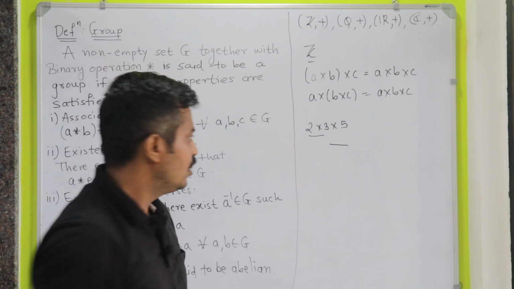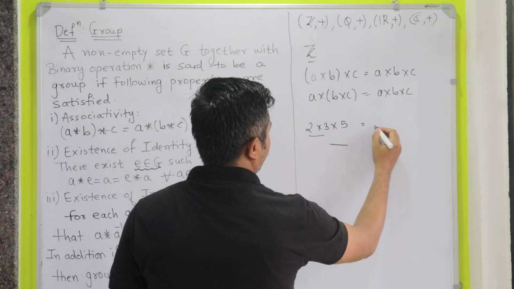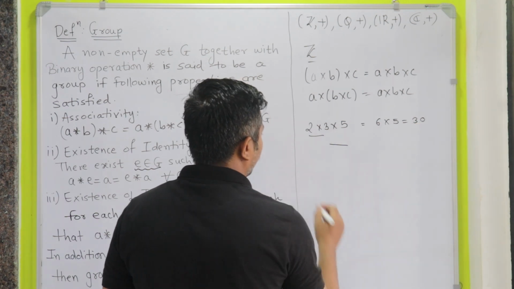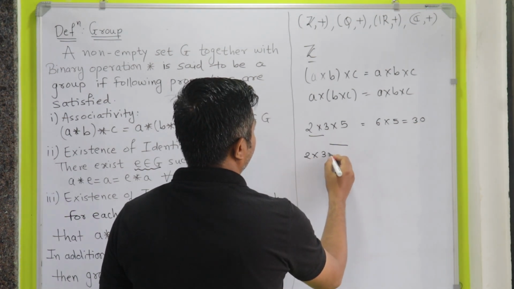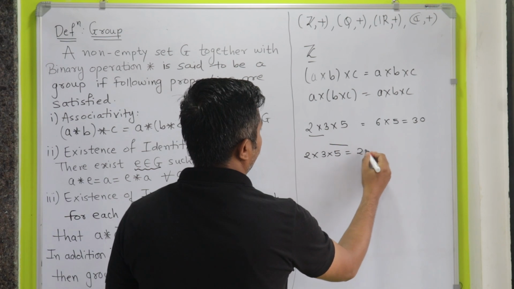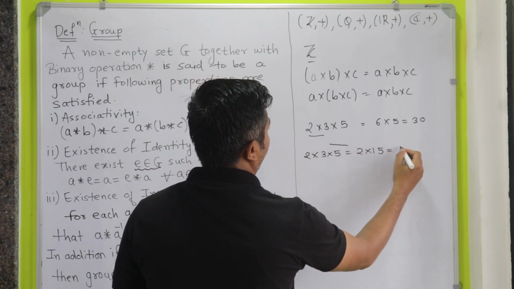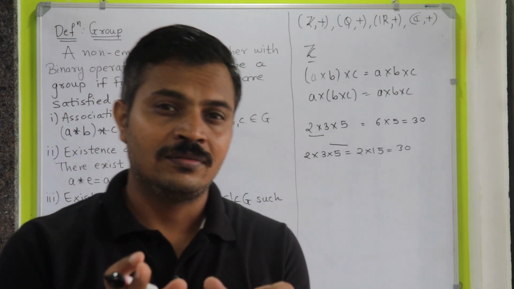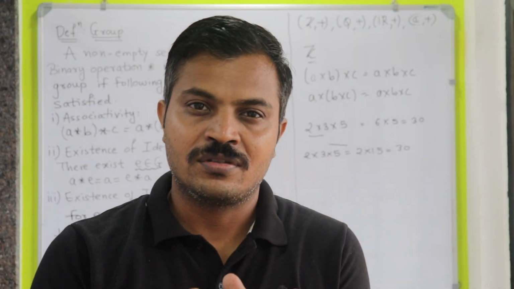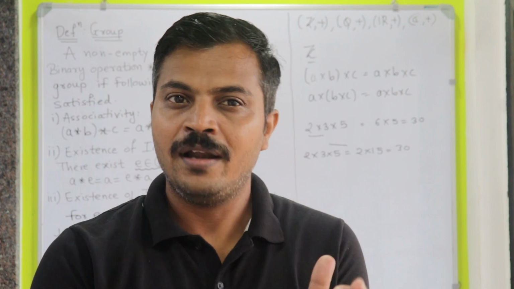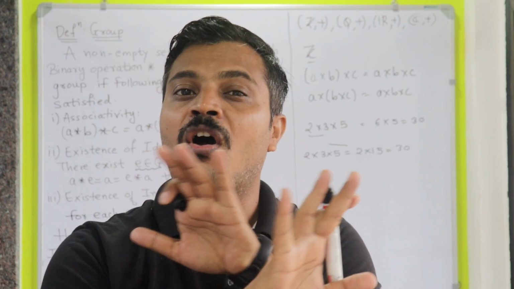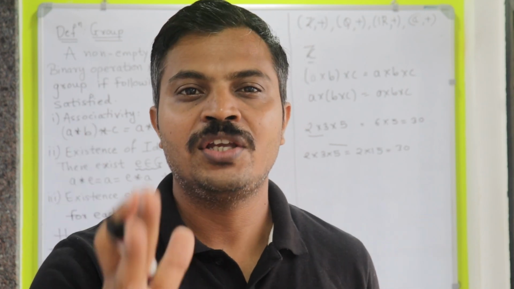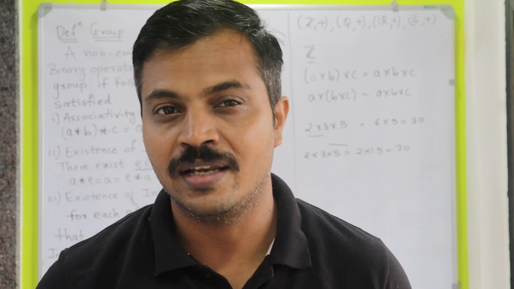Let us do it then. 2 multiplied by 3 is 6, multiplied by 5 is 30. Now, if you multiply 3 and 5 first, then it will be 2 times 15, and that is also 30. So, we have checked this for 3 elements in particular, but this is satisfied for all the elements of Z. So, no issues there. Multiplication is associative in Z as well.